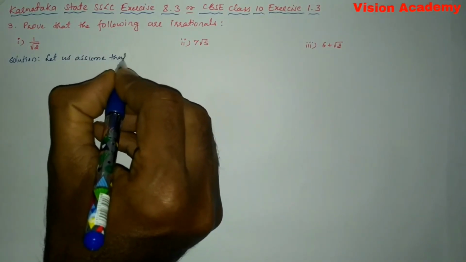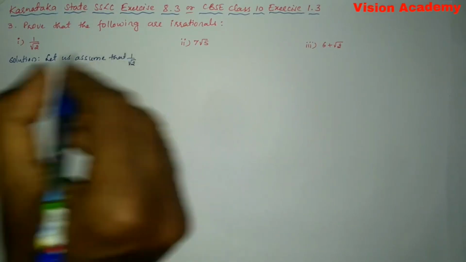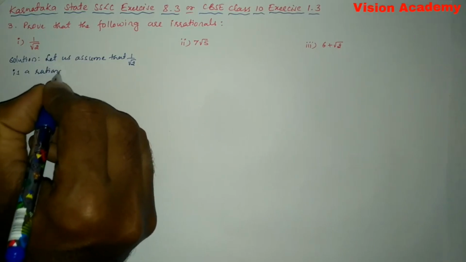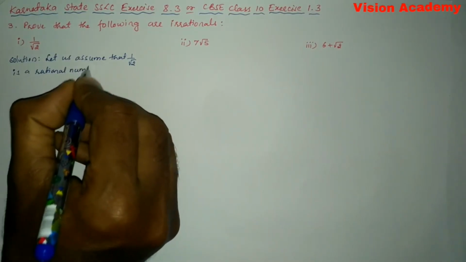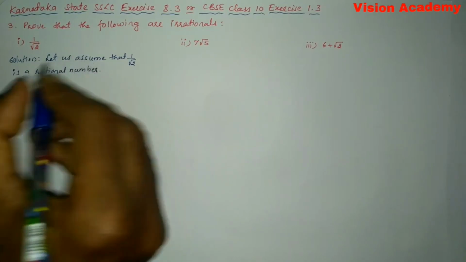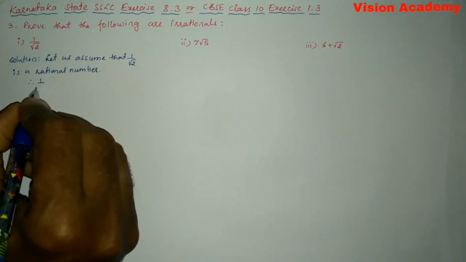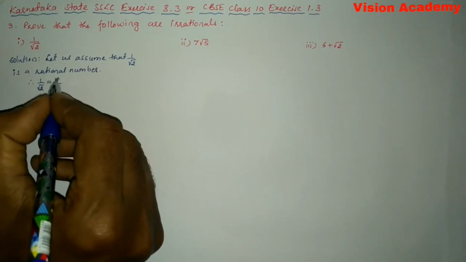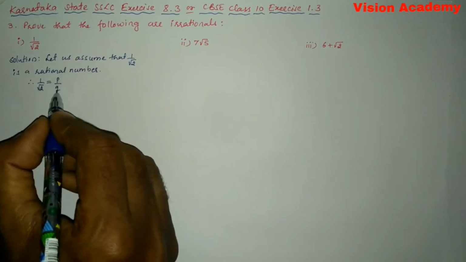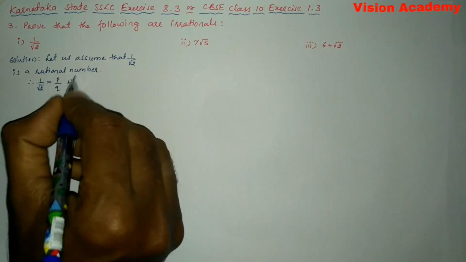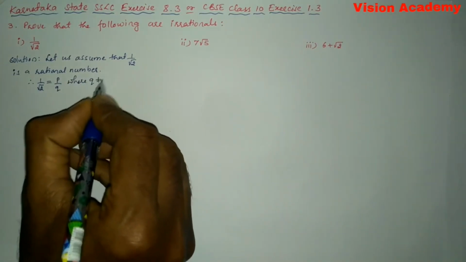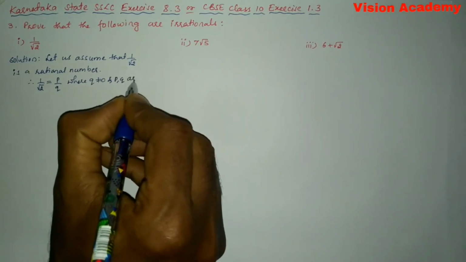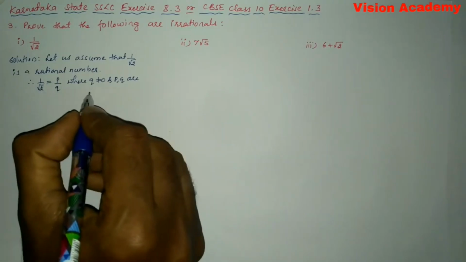Now let us assume that 1 by square root of 2 is a rational number. Therefore, we can write 1 divided by square root of 2 is equal to p by q. So here rational numbers are written in the form of p by q, where q is not equal to 0 and p, q are co-primes.